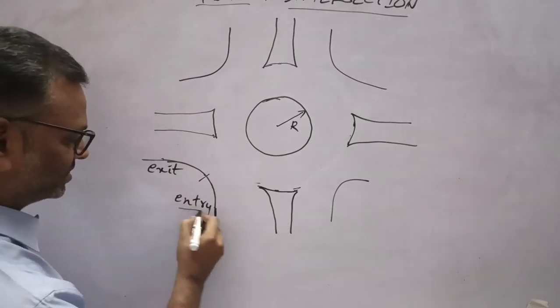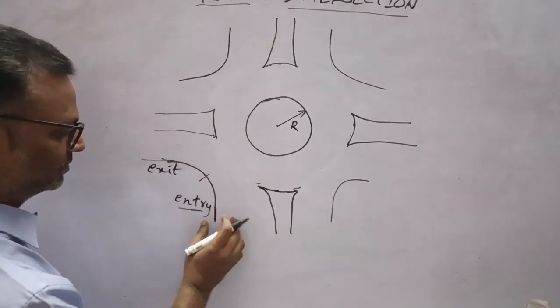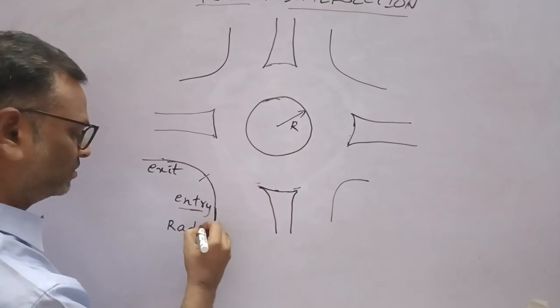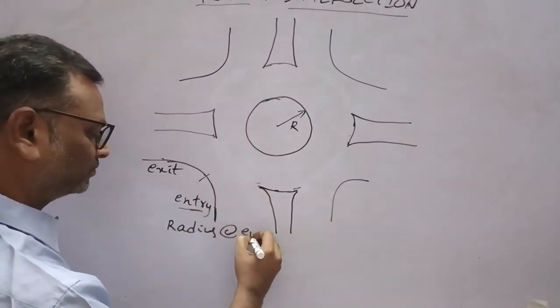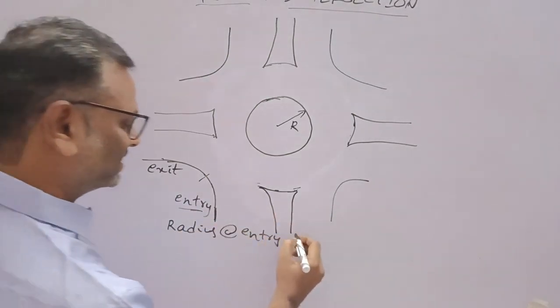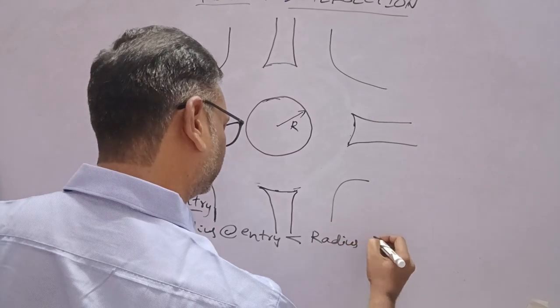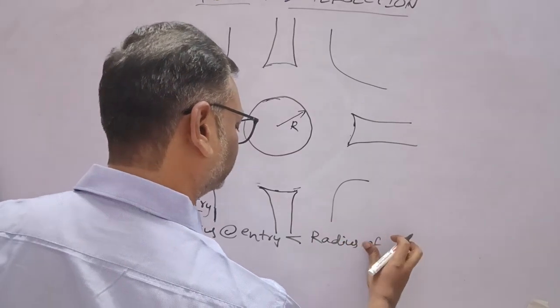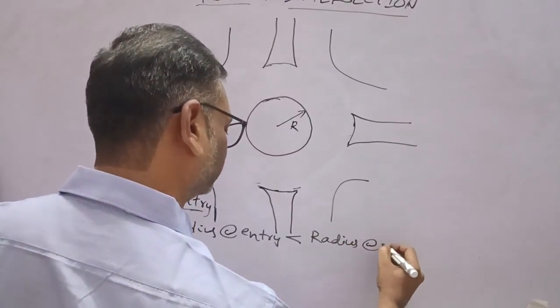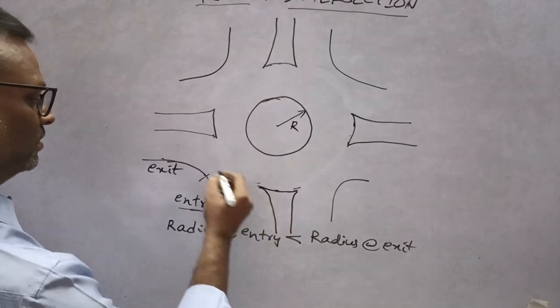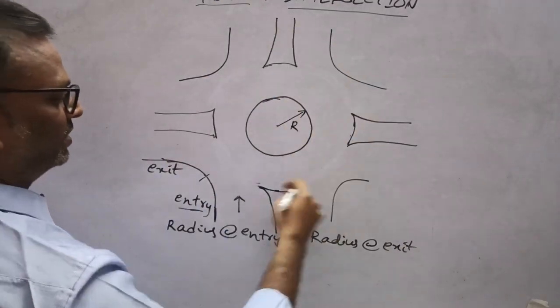Generally, radius at entry of the rotary, this curve, is less than radius at exit of a rotary. This is entry, this is exit. Similarly for all the approaches.